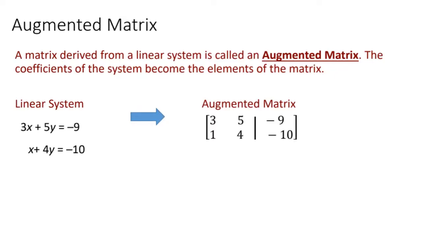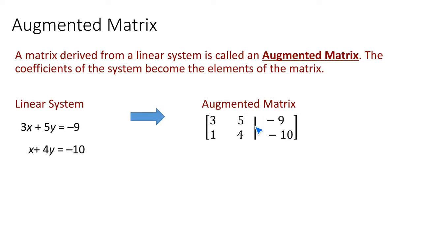All right. So in this chapter, they're going to ask you what an augmented matrix is. An augmented matrix just comes from a linear system. So this is your linear system, and the augmented matrix is going to be made up of all coefficients and your constants. The coefficients go on the left side, and your constants go on the right side of this bar.